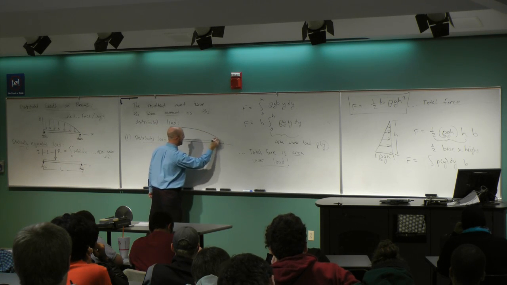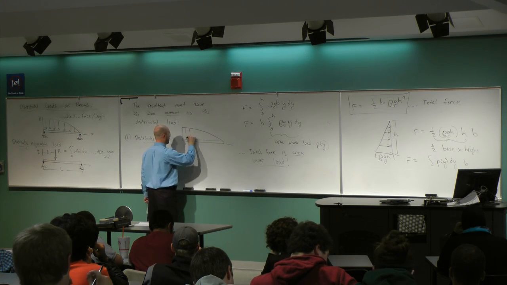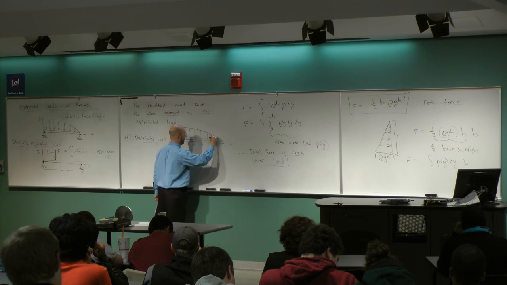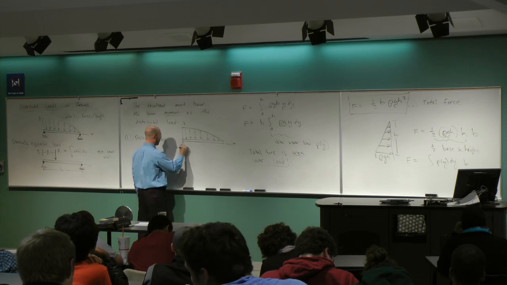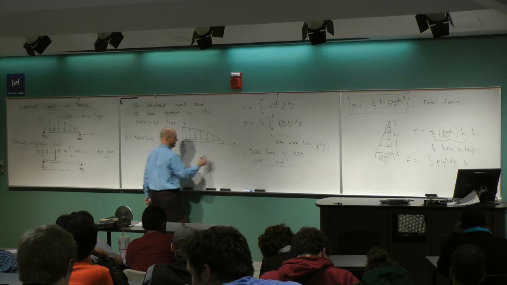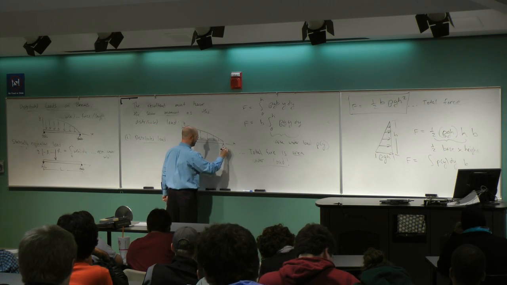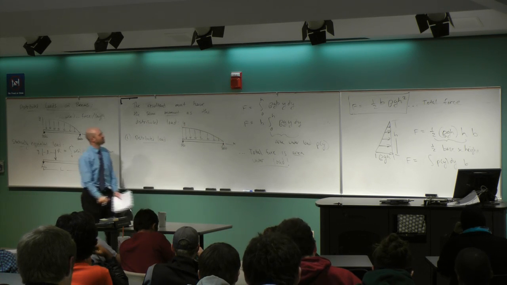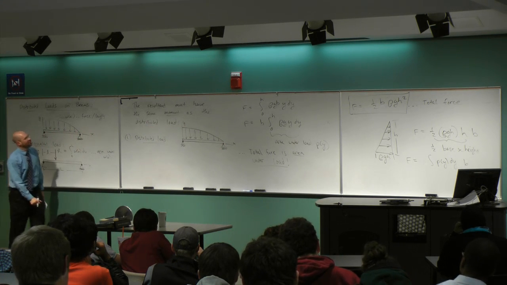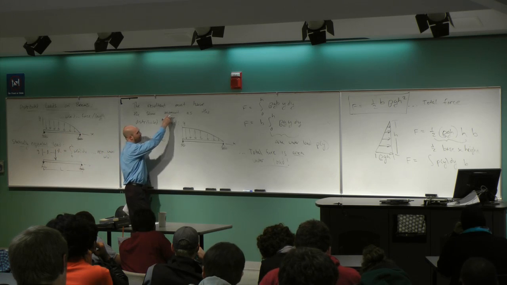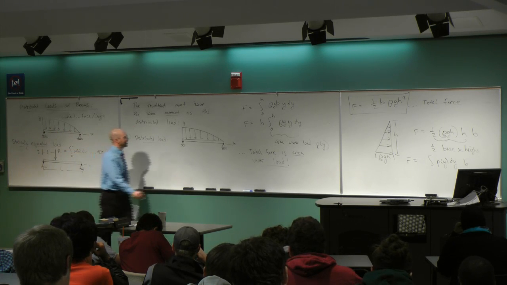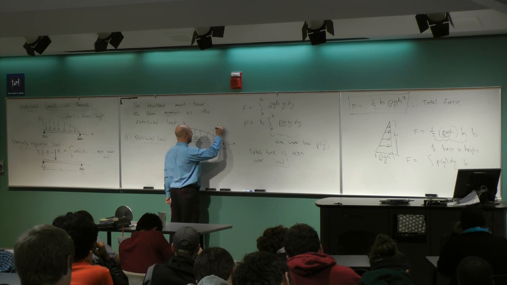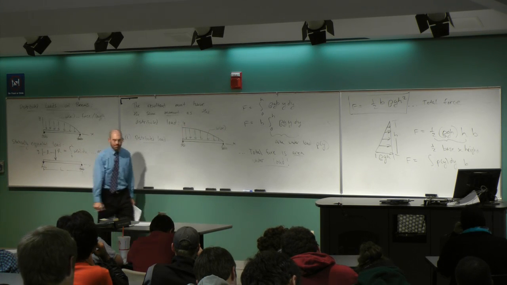So here's any kind of shape for the load right here, and here's y, and here's x. I would like to take moments about x equals 0, for example. What a moment is, is a force multiplied by a distance. This is any load w of x.